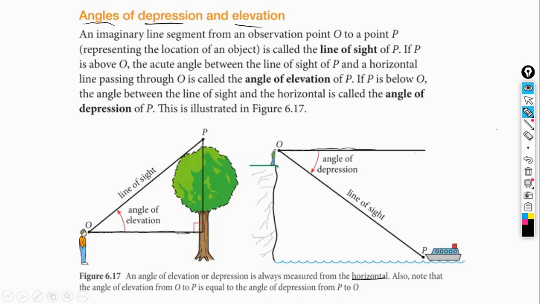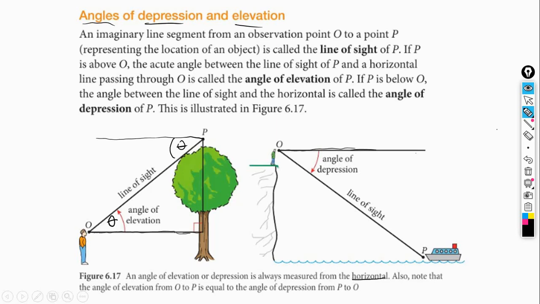Also note that the angle of elevation from O to P is equal to the angle of depression from P to O. So what they're saying is that if this is theta from O to P, then if we did an angle of depression from P to O, first we need a horizontal. This would also be theta. Why is that?